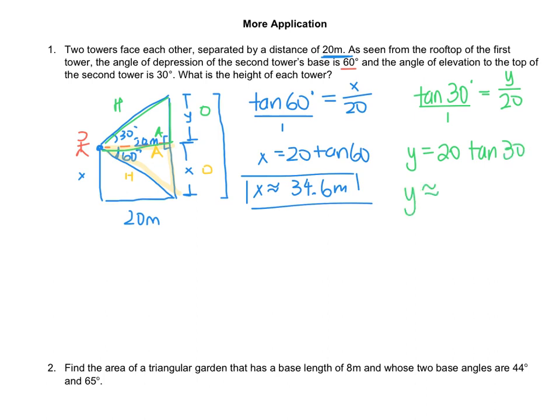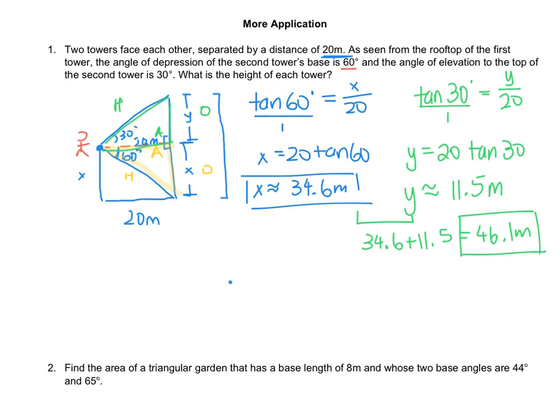And when we put that into our calculator, we will get approximately 11.5 meters. Now this 11.5 meters is not the height of the second tower. That is just the top little portion. So we have to add these two lengths to get the taller building's height. So 34.6 plus 11.5 is 46.1 meters. So that's the second tower.